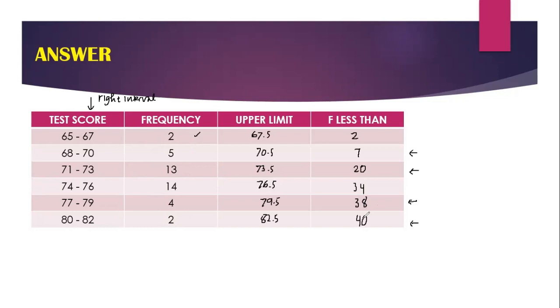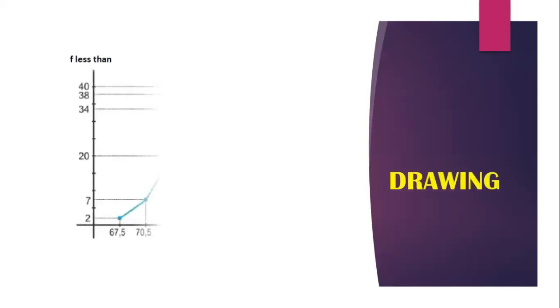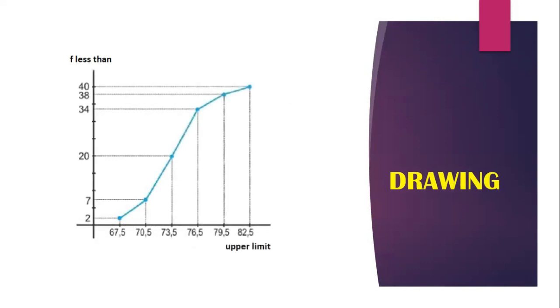Okay, so what about the curve? We are going to construct the curve like this. This is the final answer for drawing the curve. Okay, good. Is it clear, everyone?